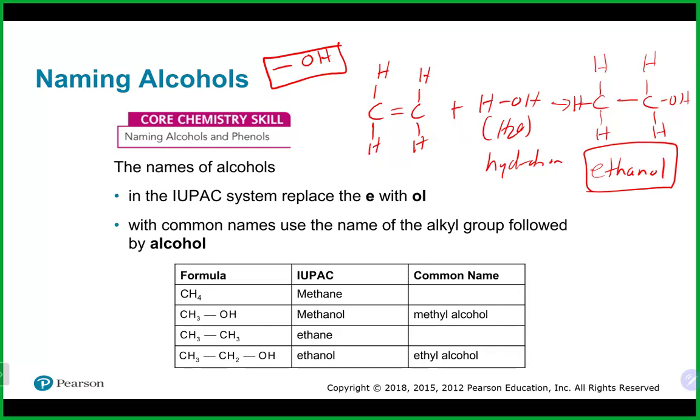It only has really one location as to where you can put the OH group. In the case of ethanol, you could either put it on the right-hand side, like I did there, and that would be carbon number 1. If I drew it this way, the OH group would end up on which carbon?